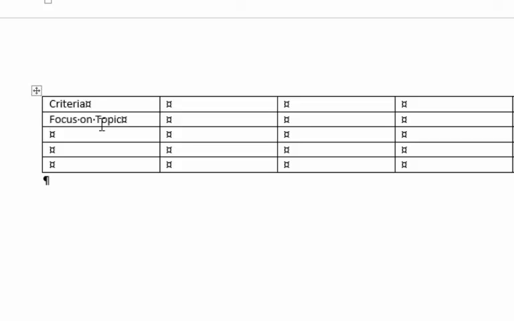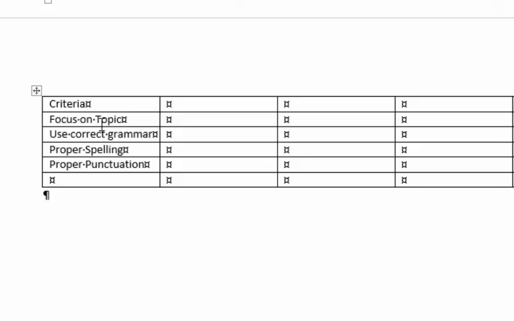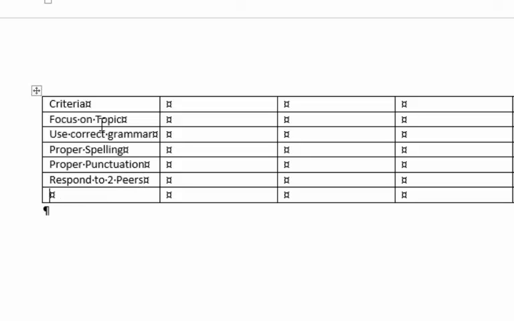I want to make sure that my students use correct grammar, so I'll put that in. I want to make sure that they use proper spelling and proper punctuation, and I want to make sure that they respond to 2 peers as well as the initial post, which is the focus on the topic.